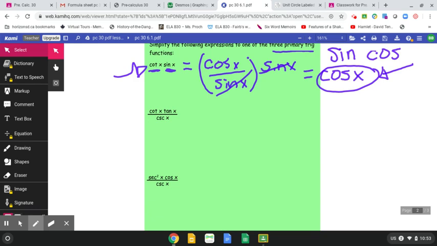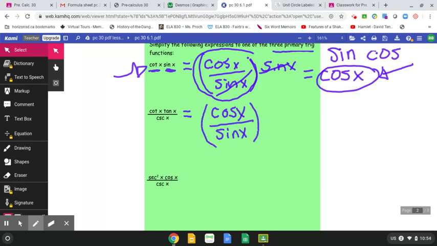Next one. This one has no cosine or sine: cotangent times tangent divided by cosecant x. So let's write cotangent times tan in terms of cosine and sine. We know that cotangent is cos x over sine x, so let's write that: cos x over sine x times tan x.